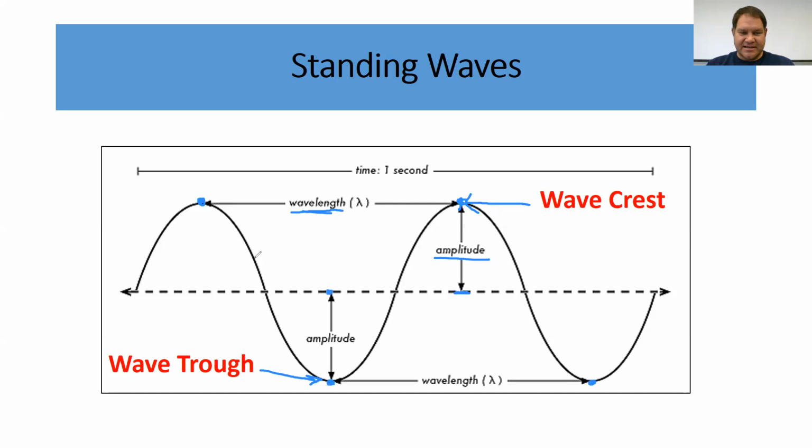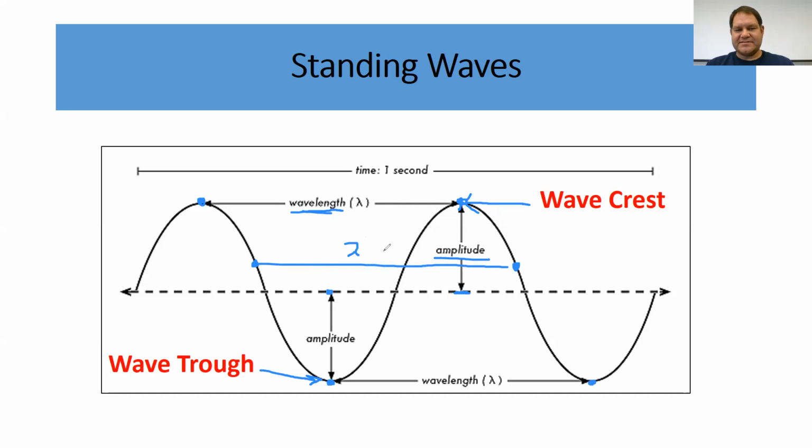In fact, you can also determine the wavelength by taking a point on this wave to the same location over here. The distance between these two points is also the wavelength. So basically, we can determine the wavelength in a variety of ways.